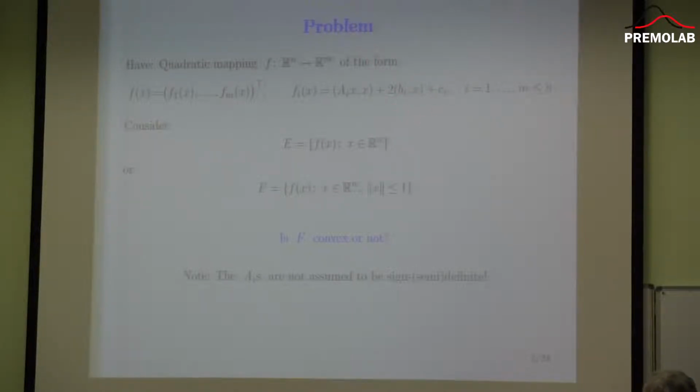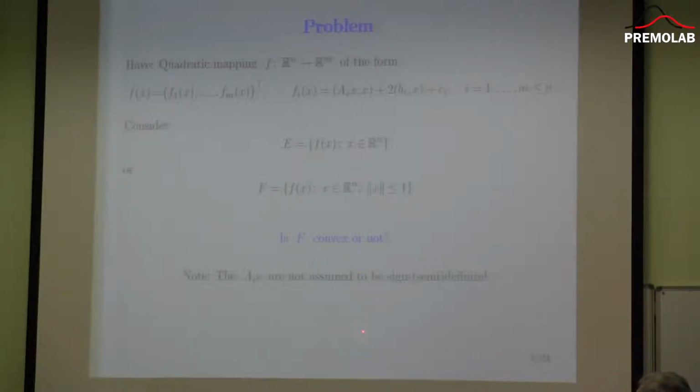They include linear terms as well as quadratic terms. And the problem is very simple. We take a quadratic transformation with components given by these functions. So it's a transformation from R^n to R^m.